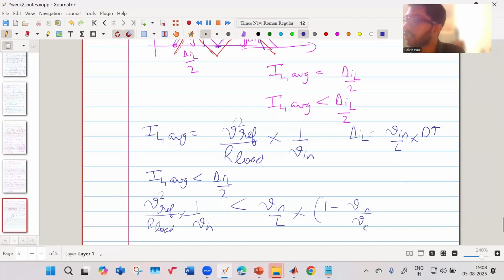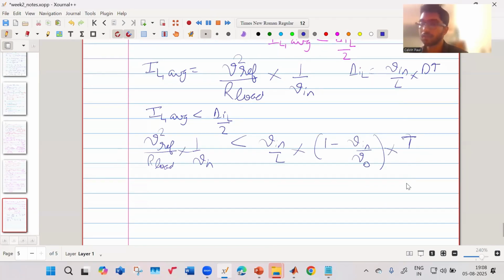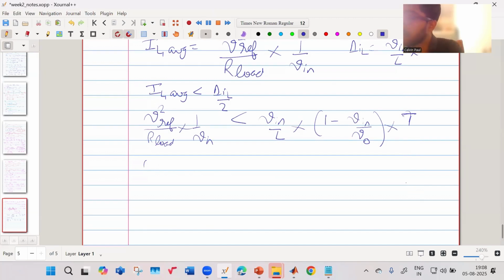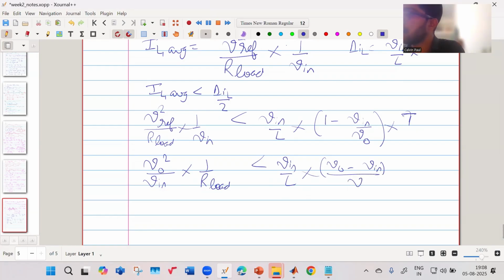Sorry, Vref or V output is the same, into your T. So we have V output square upon V in into 1 upon R load is less than V in upon L into V output minus V in upon V output into T. So you have V output cube, V input square into L upon V output minus V in into 1 upon T will be less than R load.